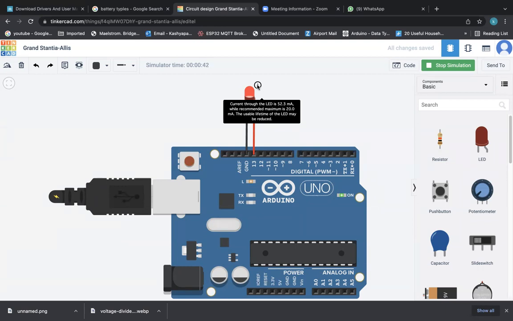It's like grams, 1000 grams is equal to 1 kilogram. So the current through the LED is 52.3 milliamps, while the recommended maximum is 20 milliamps. The usable lifetime of the LED may be reduced. Now, do you see the same scenario?